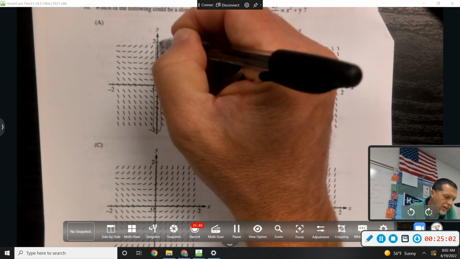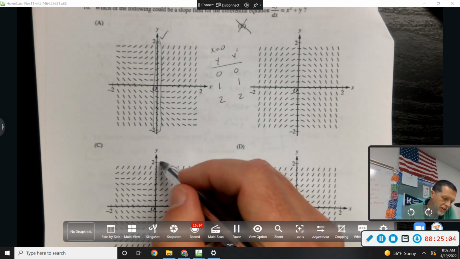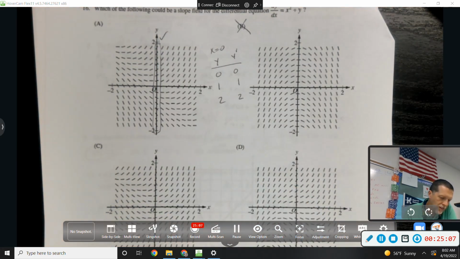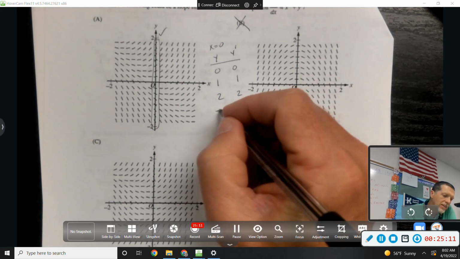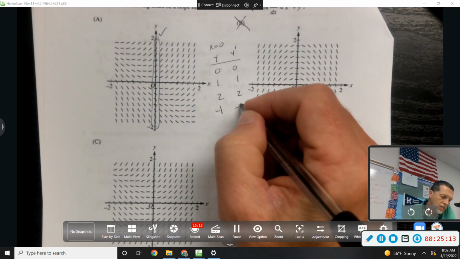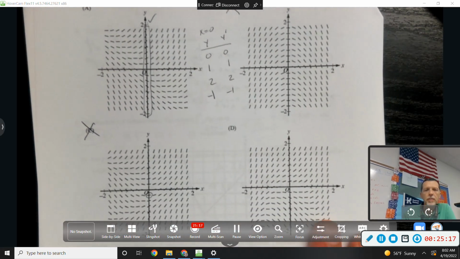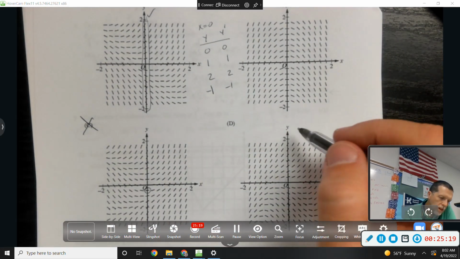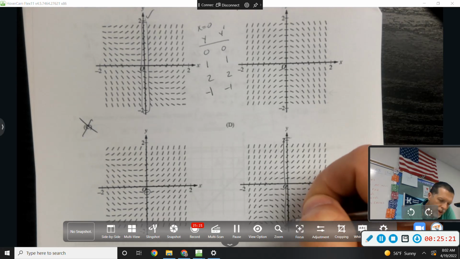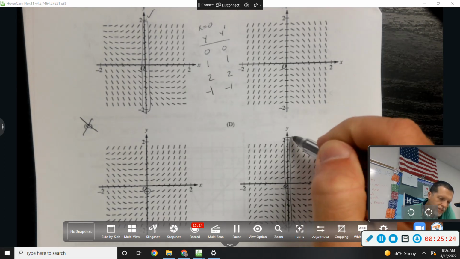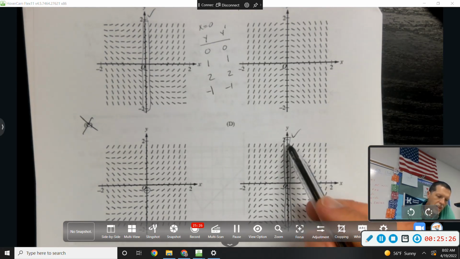That one does. This one doesn't. So I can throw out c, because if y is negative 1, the slope is negative 1, and that didn't happen. For d, that looks okay. So I'm down to b and d.